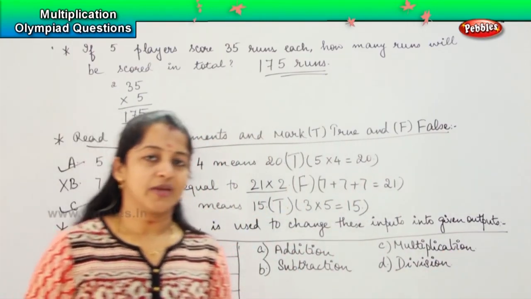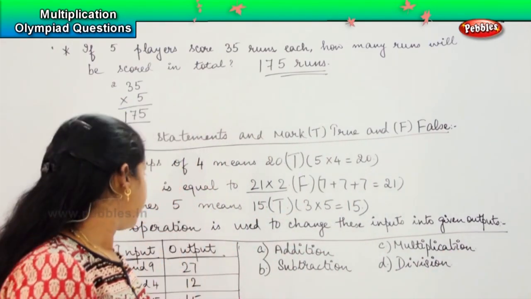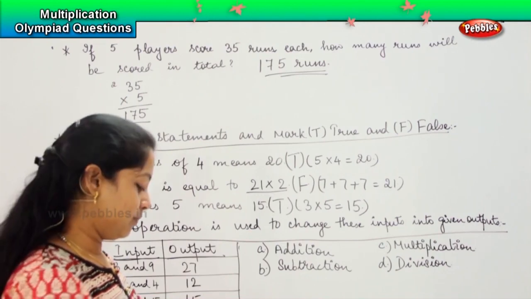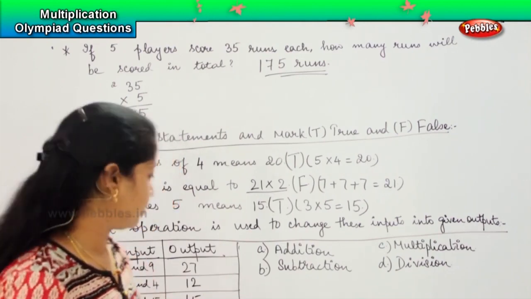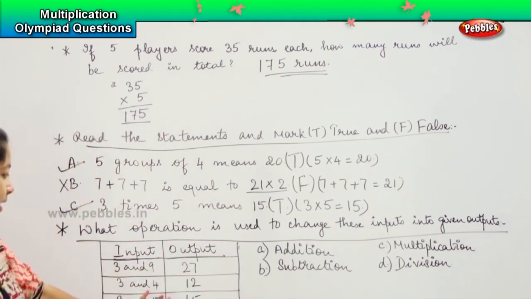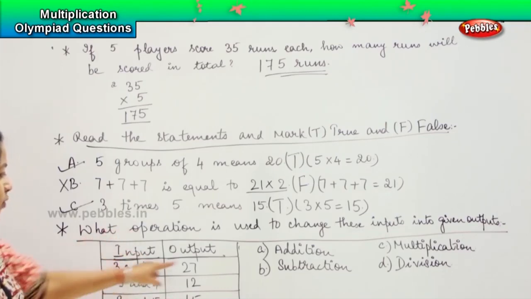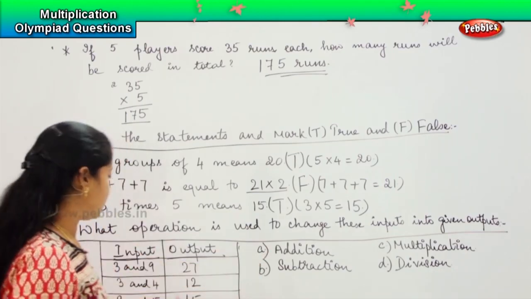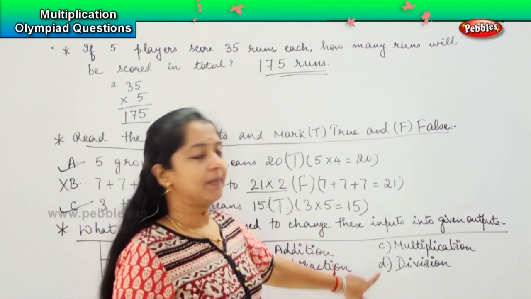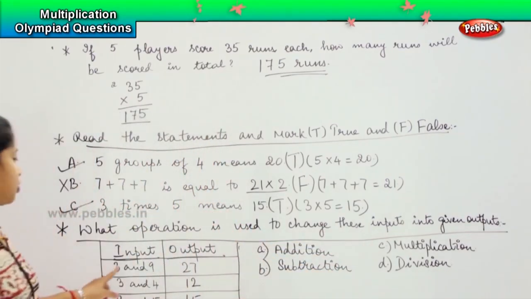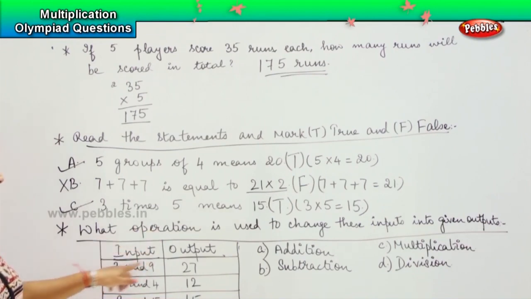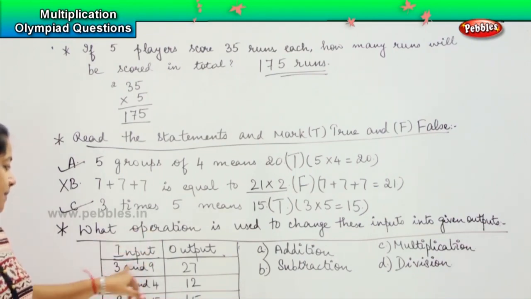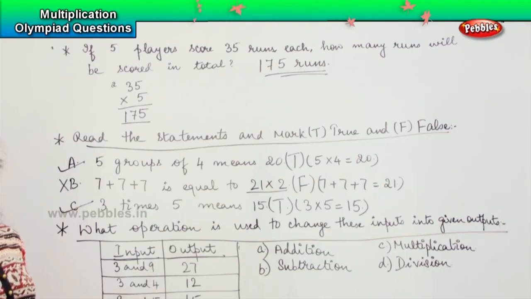Okay. So the question here is that based on the input which is given, you have got the output. That is, you are having these answers. Now, how have we come to this answer? Which method have we used? Addition or subtraction, multiplication or division? So shall we try with the addition? 3 and 9. If we add 3 plus 9, what will be the answer? It's 12, right?